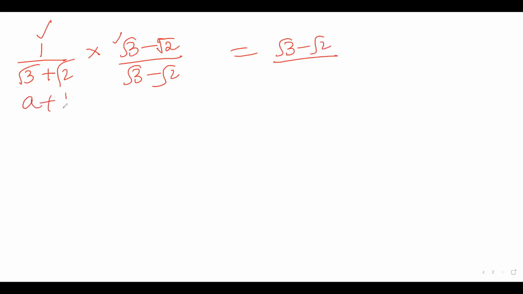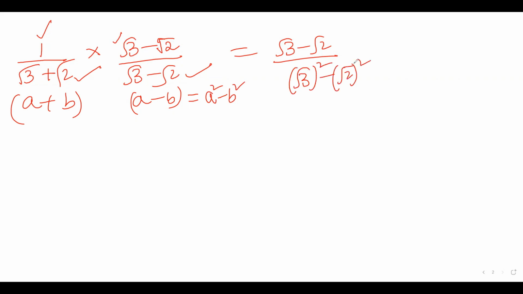Denominator is in the form of a plus b into a minus b, which is equal to a square minus b square. So write down a square minus b square. This is your a. This is your b. Substitute a square minus b square for it.